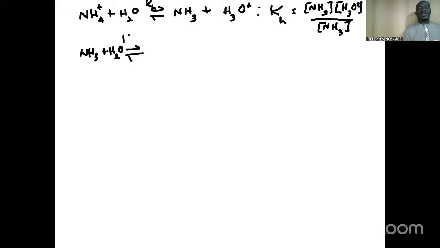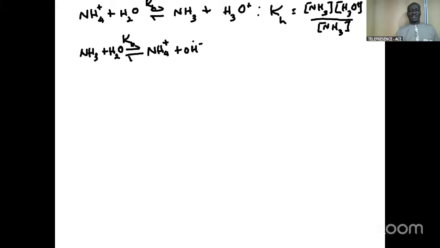We call this Kb because it's a base, and it gives NH4+ and OH-. Ammonia is a base, a proton acceptor, taking a proton from water. So in these two reactions, water here is a base, water here is an acid. That explains the fact that water is amphoteric. I hope you are following that.